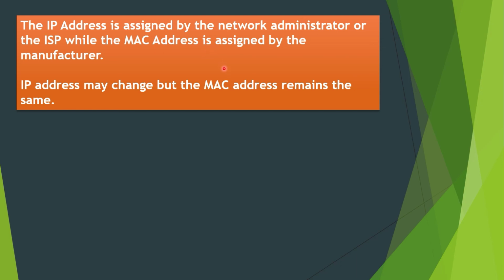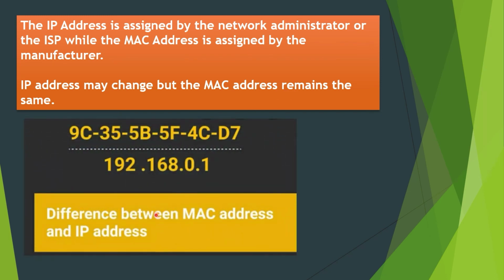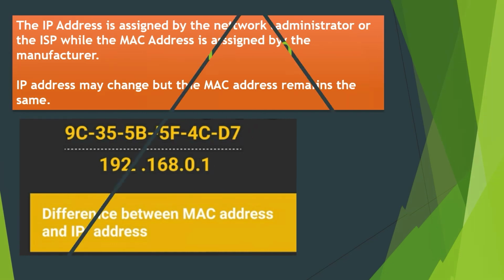The IP address may change but the MAC address remains the same because the MAC address of the NIC is permanent. Here you can also see the difference in writing MAC address and IP address. This is a MAC address and this is an IP address.